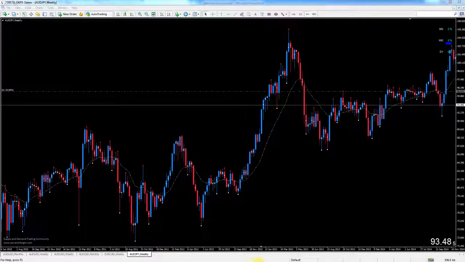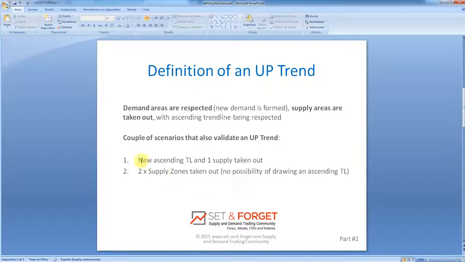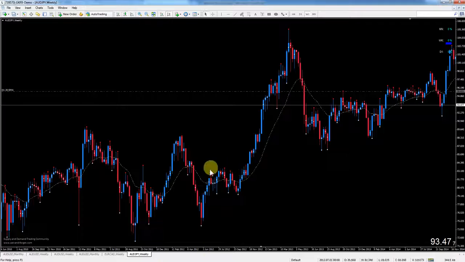Then we've got this scenario where a new ascending trend line is drawn and one supply is taken out. We also need to remove the opposing area, as it is explained over here. So for example, this is an example over here. We've got a descending trend line connecting the latest two peaks, and then price dropped.